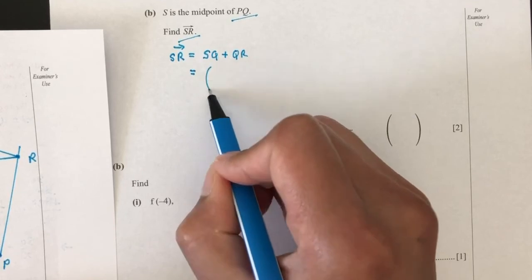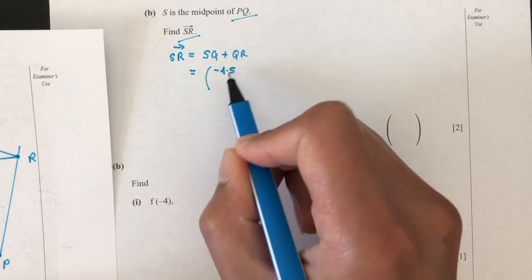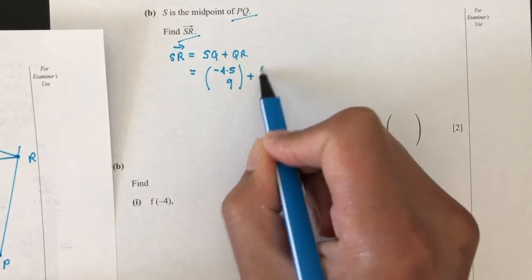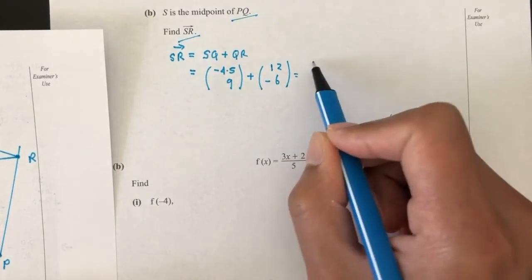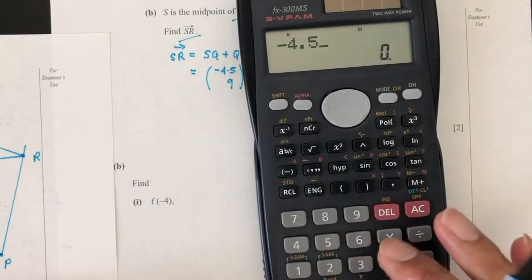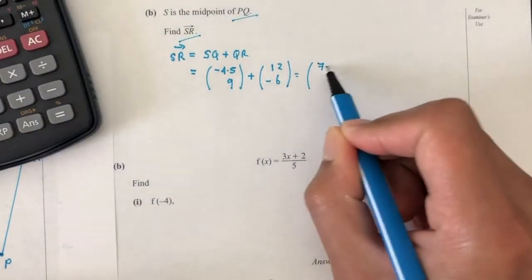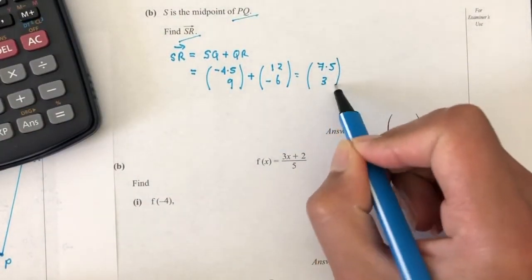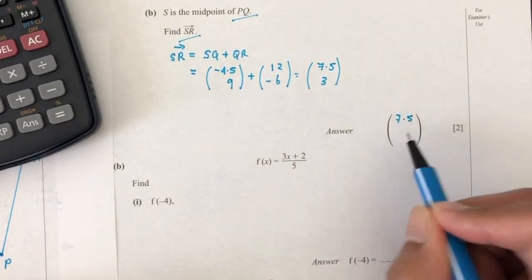SQ is given by minus 4.5, 9, plus QR is given by 12, minus 6. So what is minus 4.5 plus 12? That will be 7.5 and 3. So this will be your answer for part B, 7.5 and 3.